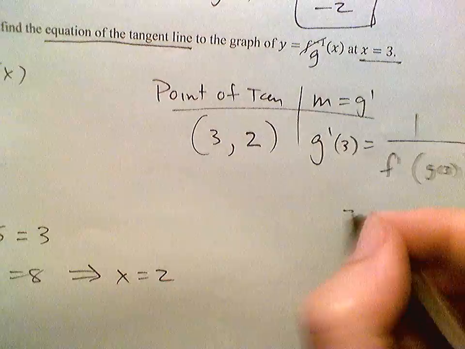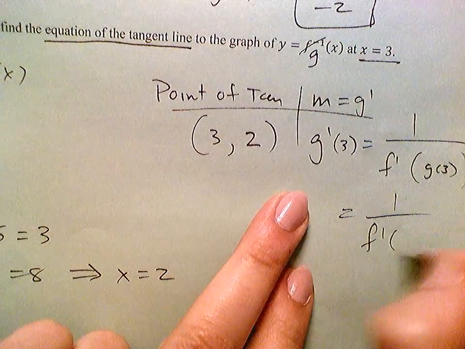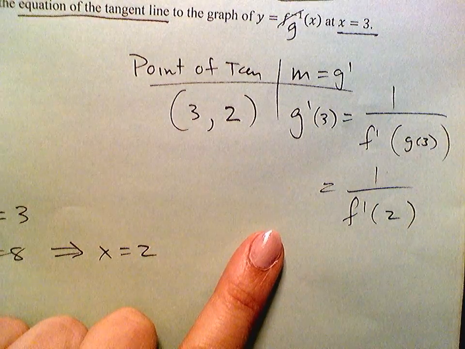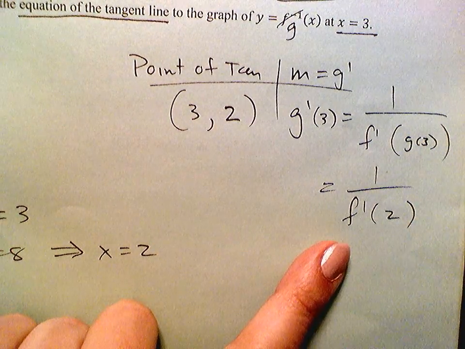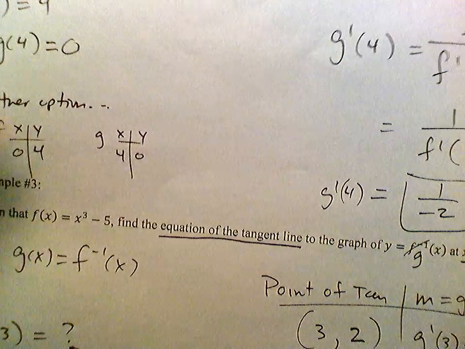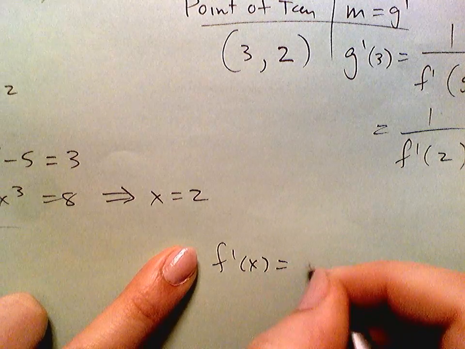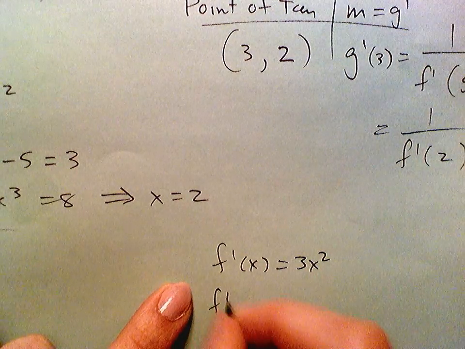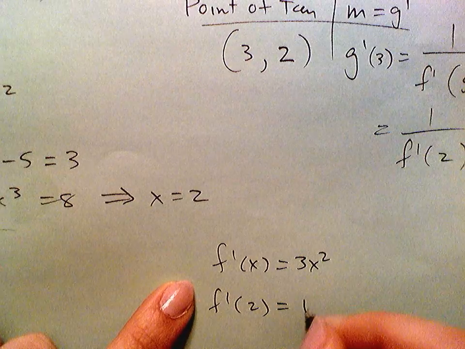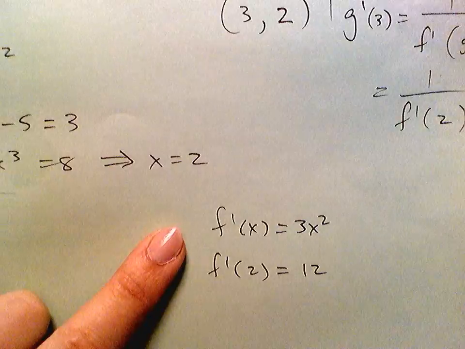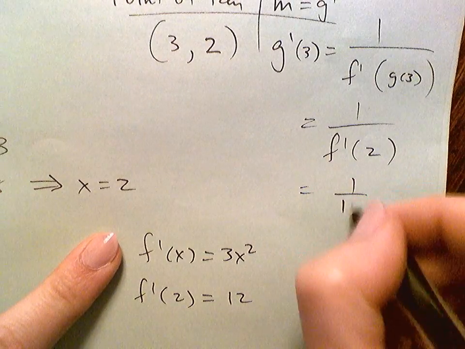So this is 1 over f prime of, we already figured out before that g of 3 was 2. So I just need f prime of 2, and that would be the denominator. I know that f is this, so I'll just take its derivative. So f prime of x is 3x squared. So f prime of 2 is 12. So this is 1 over 12.